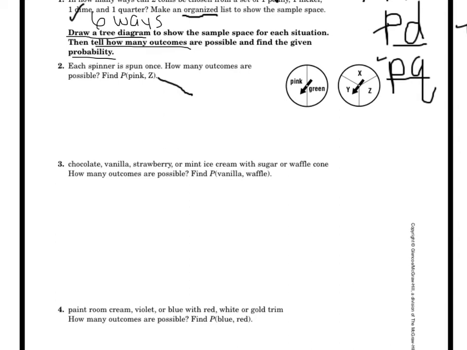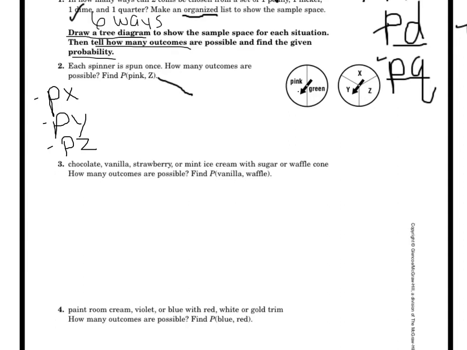Okay, so let's list all the possibilities. First, you could land on pink. This is number 2. You need to write these down. Pink, and then X. You can land on pink on the first spinner and Y on the second one, and pink on the first one, and what's left? Z. So there's 1, 2, 3 so far.